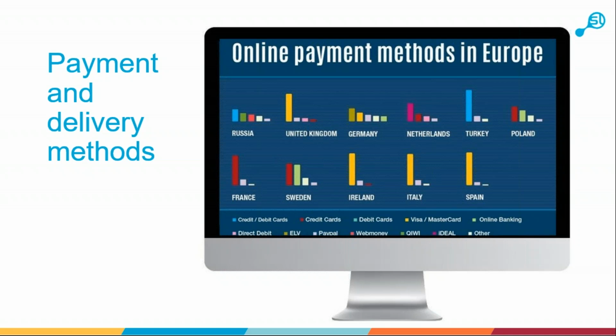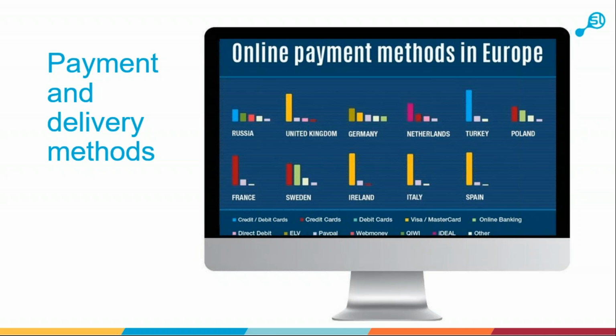As we can see from the snippet here, this is just in Europe alone, the difference in the preferred methods of payment across Europe, and it is a common thing that we come up against in our team, where it's difficult to change the buying system on any website, but it is key.